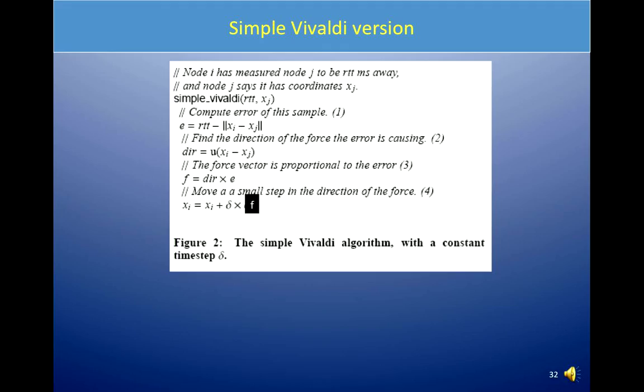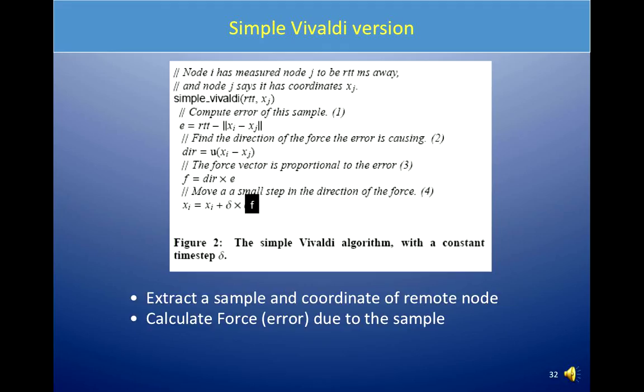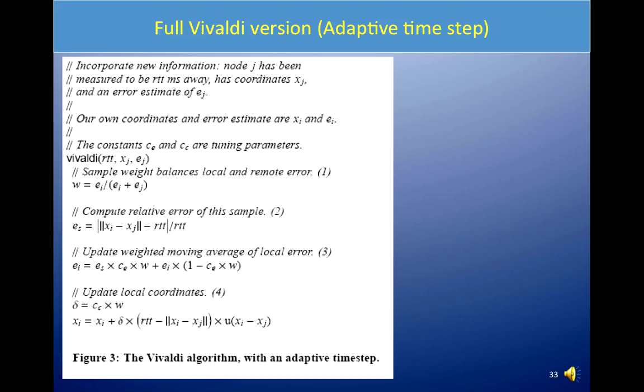Taking this simple Vivaldi algorithm, the authors came up with the adaptive algorithm. In this adaptive algorithm, the remote node also tells its error factor, how much it thinks its position and coordinates are correct. Then we don't directly take xj as the distance, but we factor in the remote node's error too. The sample weight balance is its local error divided by local error plus remote error.